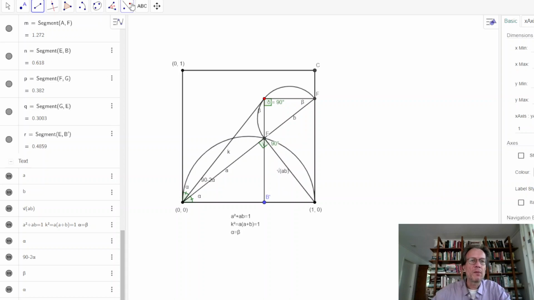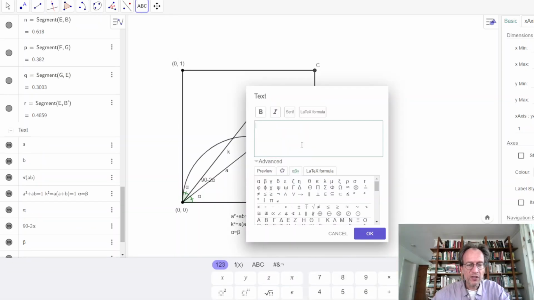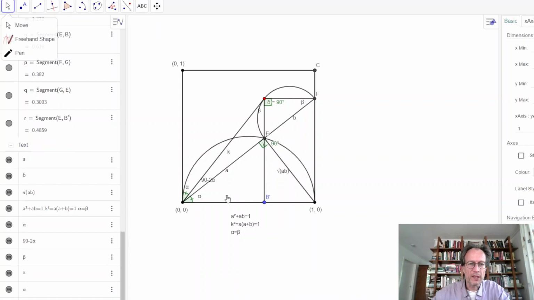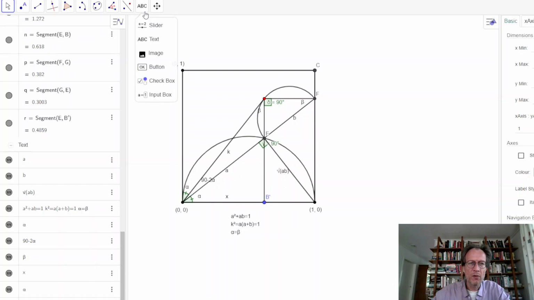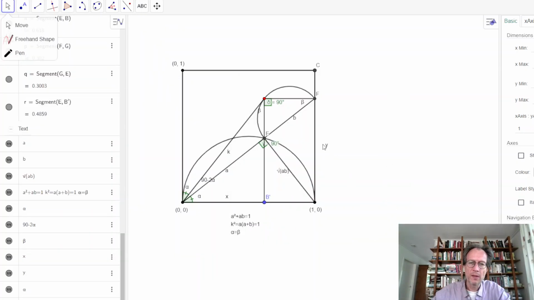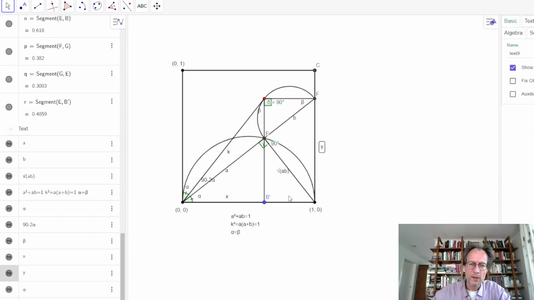If I now add the required coordinates, this is x, the x coordinate of the tangency point, and this is a rectangle, so y is over here, the y coordinate that we are looking for. Those are the two variables we are looking for.